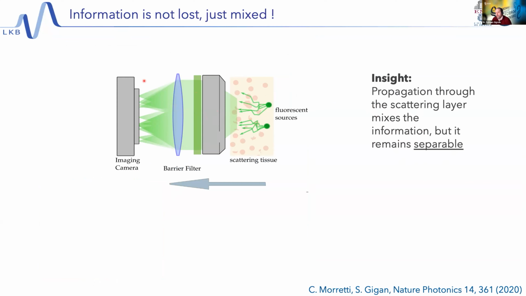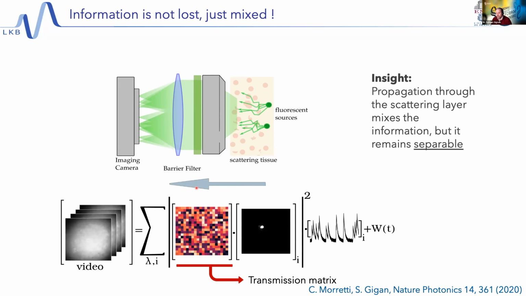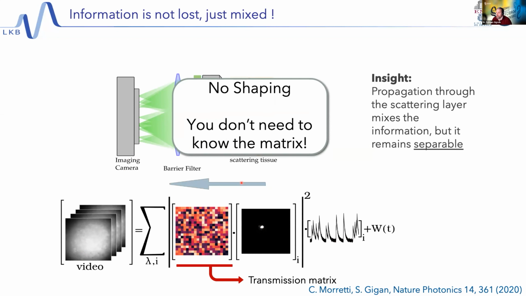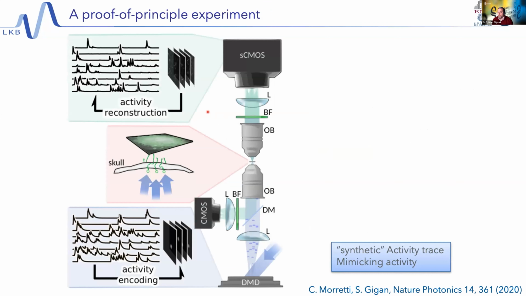So you can still recover from this low coherence contrast fluorescence some information about the activity. You can say that if you record this video, you can model it as some kind of sum of blinking sources with some temporal activity, times a transmission matrix that you don't know. Okay, so you don't want to do any shaping, you don't want to know the matrix, you just want to decode the activity from deep inside the brain.